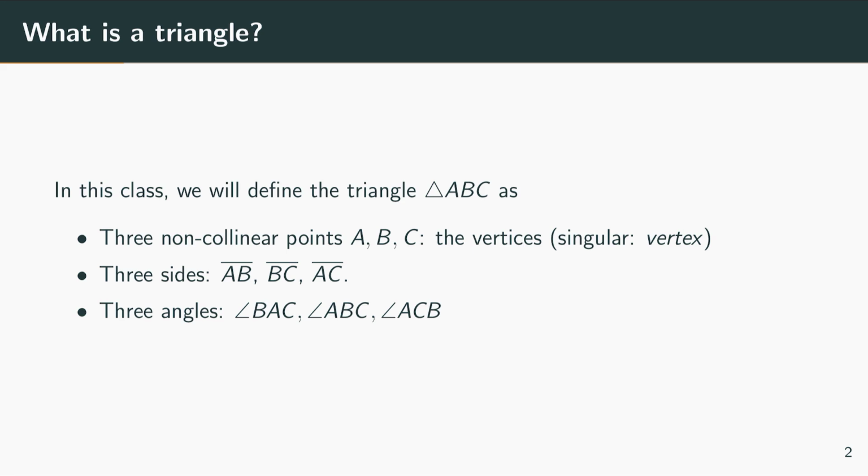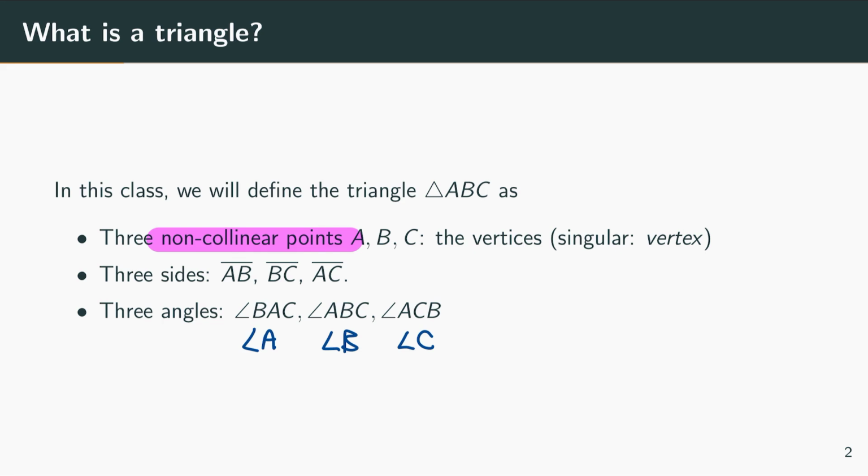This triangle also has three sides, which are the line segments AB, BC, and AC. And then we talk about the three angles of our triangle, the angles BAC, ABC, and ACB. When that's not a source of confusion, we will sometimes write angle A, angle B, and angle C as shorthand for that.